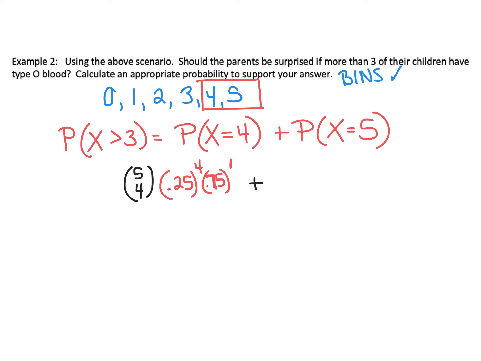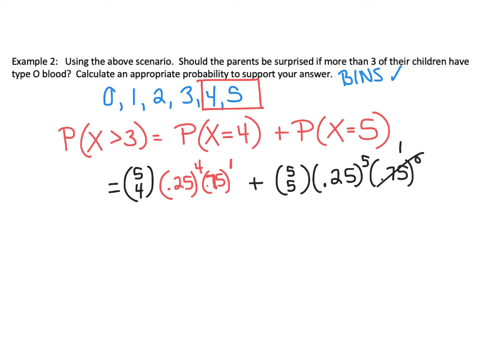But then I need to find the probability that my random variable equals 5. So again, same scenario, from 5, I'm choosing all 5 of them to have type O blood. So it'd be 0.25 to the 5th power times 0.75 to the 0 power, which hopefully you remember from earlier courses is actually 1.